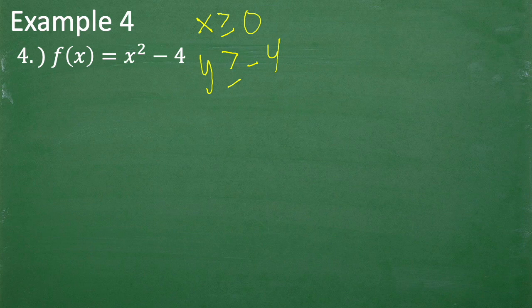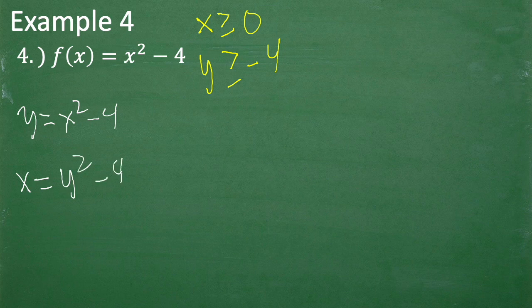Let's apply the methods that we used. y equals x squared minus 4. Interchanging x and y, we have x equals y squared minus 4. Then move 4 to the other side, that becomes y squared equals x plus 4. And then just take the square root of both sides.